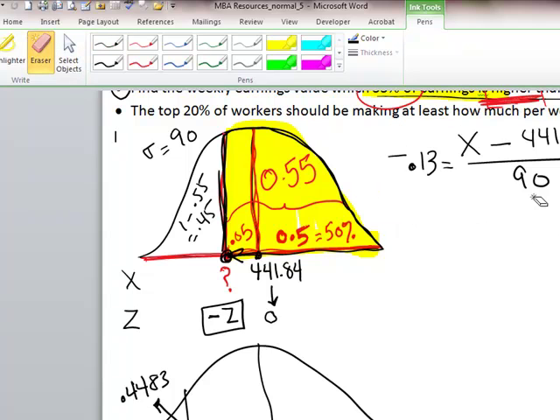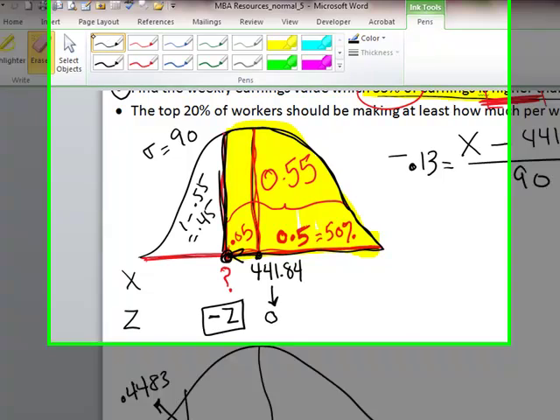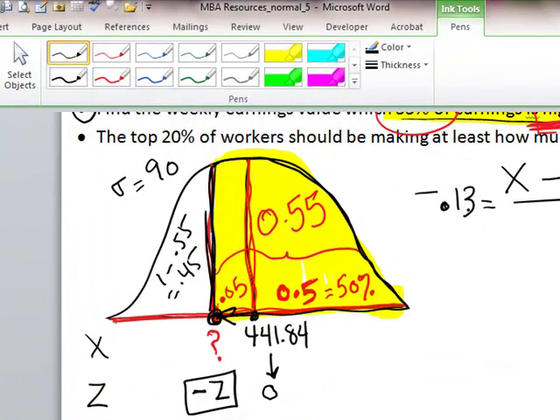In order to perform my calculation and solve for x, I will turn the left side of this equation into a fraction. I will divide it by 1, and of course any number divided by 1 is itself.